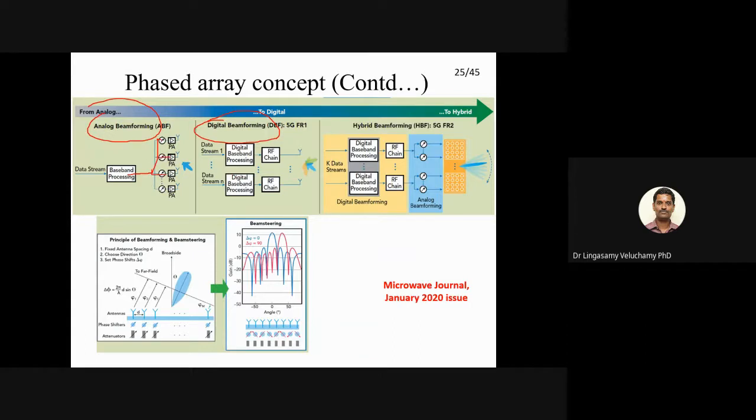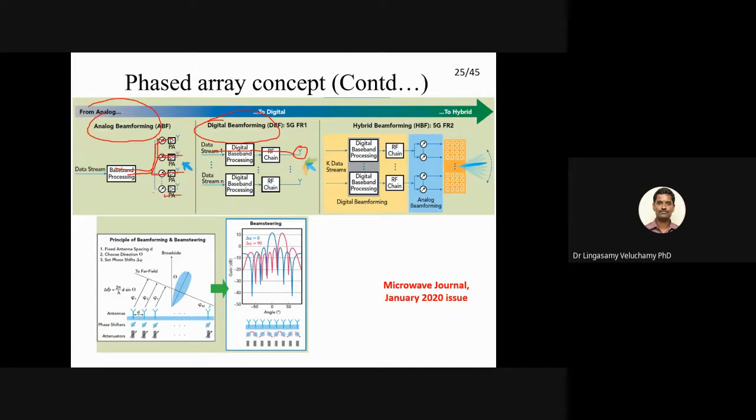But in digital beamforming, we need an individual RF chain. For example, one data stream will be processed and then fed to a single antenna, similarly for multiple antennas. The advantage in analog is that one baseband processed data stream will be sent via multiple antennas, so the cost is much less and efficiency is higher.